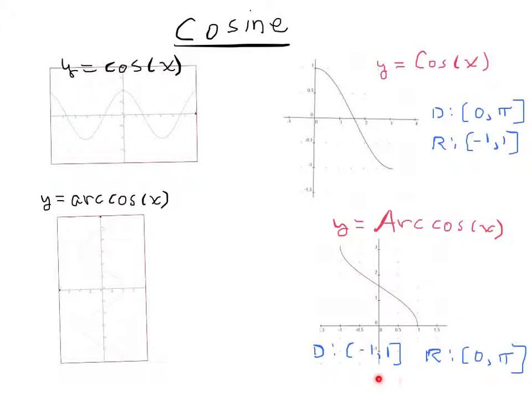The domain is minus 1 to 1, the range is 0 to pi. And that is the way that these graphs for cosine are developed. We won't look at the remaining 4, but once you have understood what goes on with sine and cosine, you should have no trouble constructing the inverses for the remaining 4 functions.